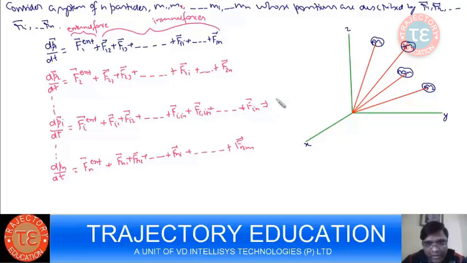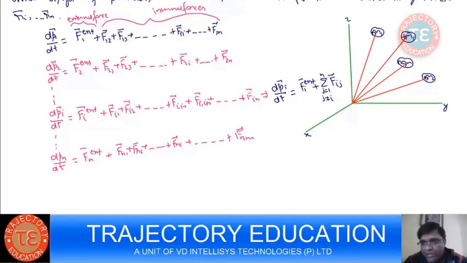So I can write dPi by dt as FiExt plus sigma Fij, where j varies from 1 to n, not equal to i. This is Fij.